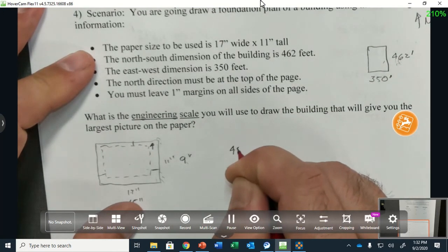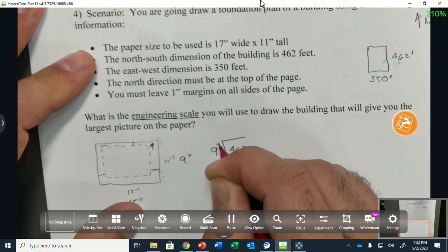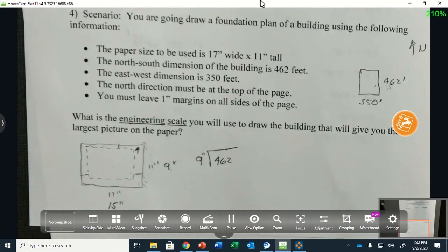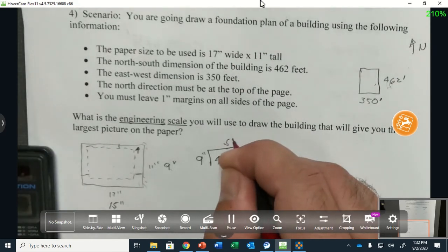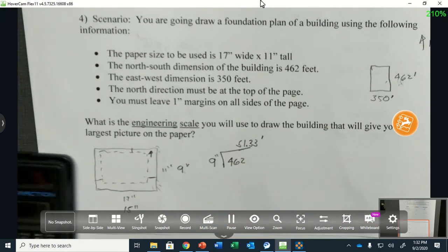You're going to take 462 divided by 9 inches, right? And you do the math. And that equals 51.33 feet.